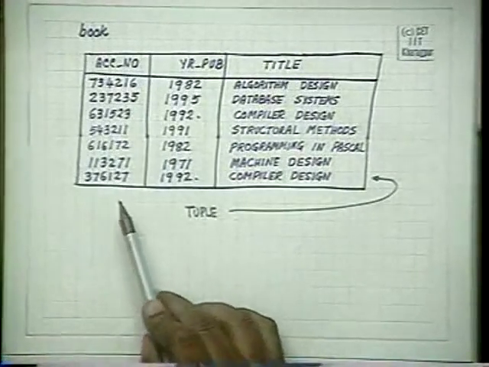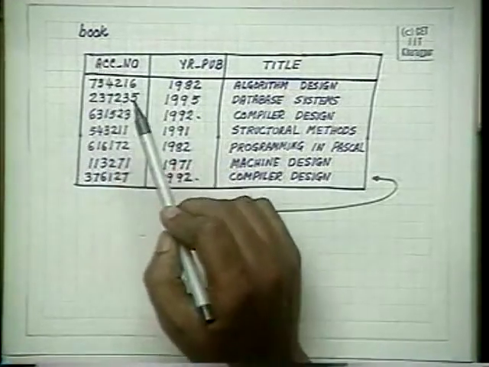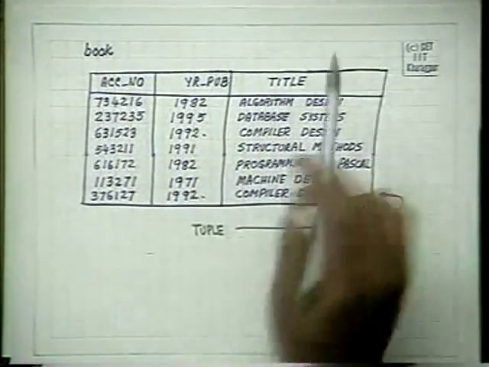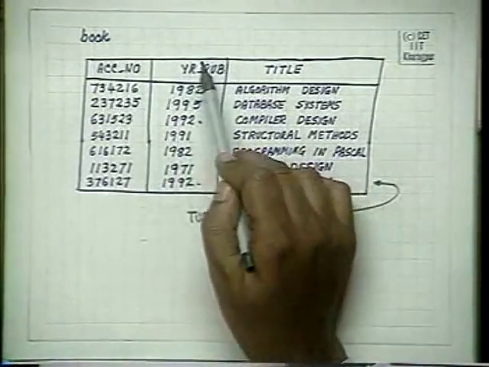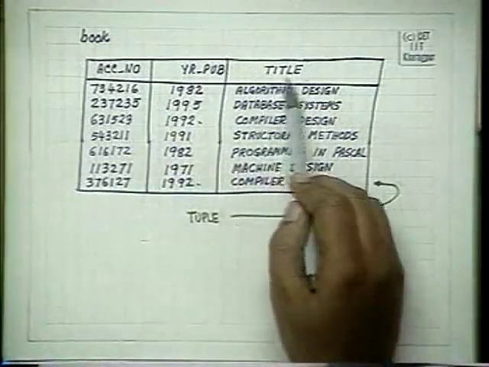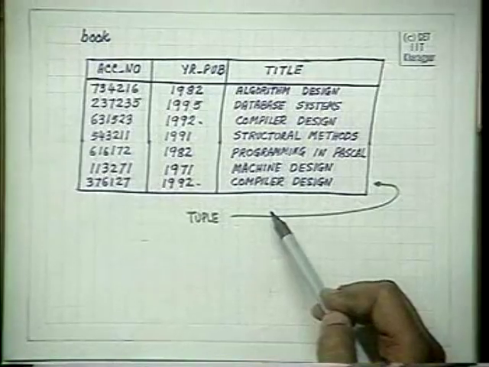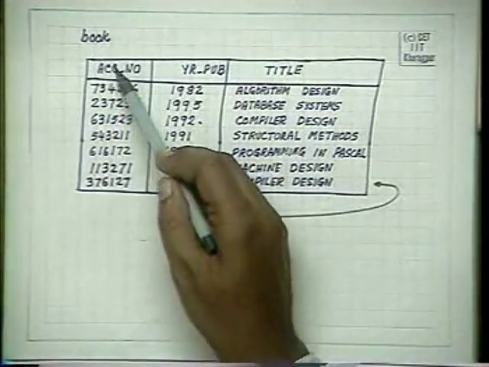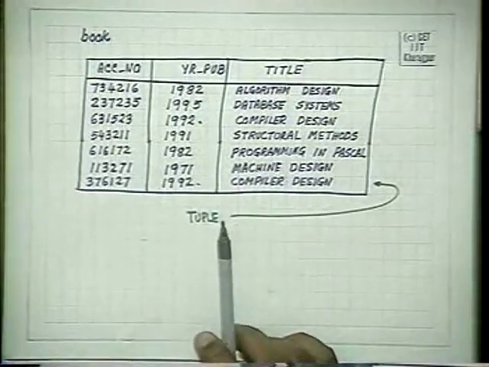Therefore, pi accession number and title on the book relation will return a table corresponding to this attribute and this attribute. Therefore, if you remove this attribute, you will have a relation having accession number and title only, and all the entries corresponding to this and this will be kept there, and a relation is always a set.